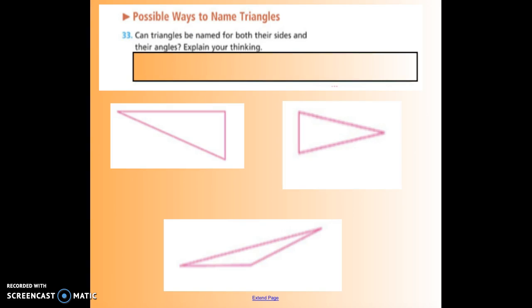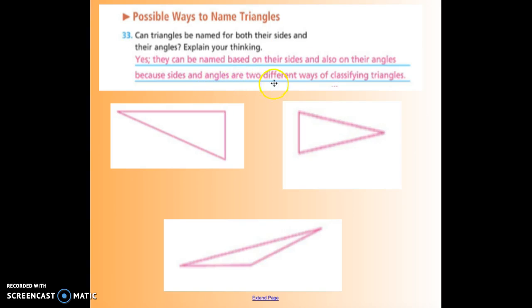All right, now, can you name triangles both by their sides and their angles? What do you think? The answer is yes, you can. So let's try that. Let's look at this triangle right here. I'm looking at the sides, and none of the sides are the same.